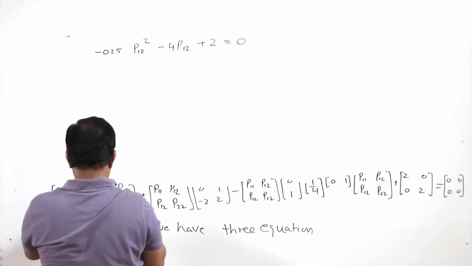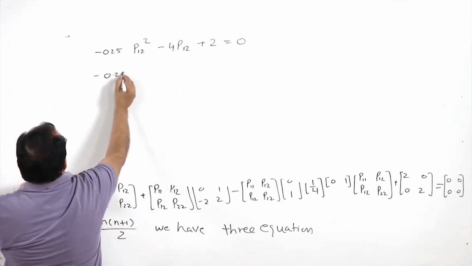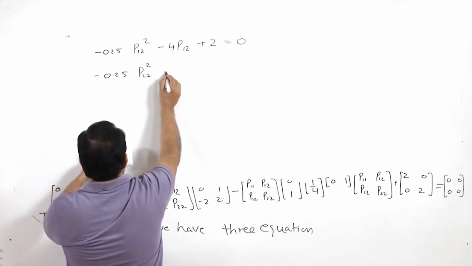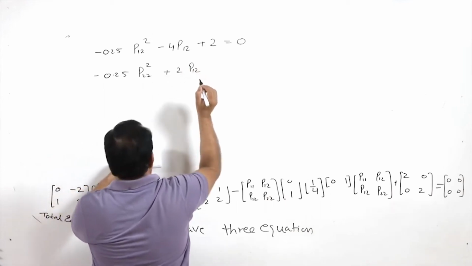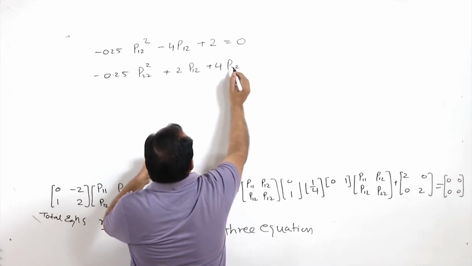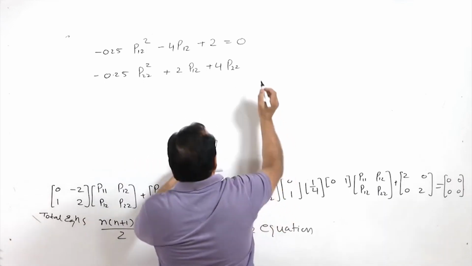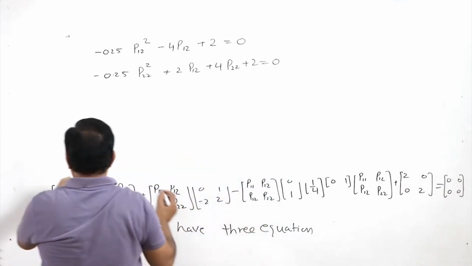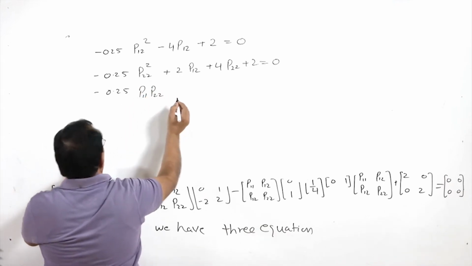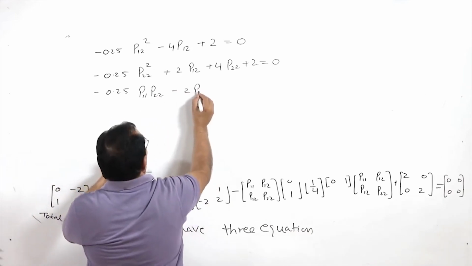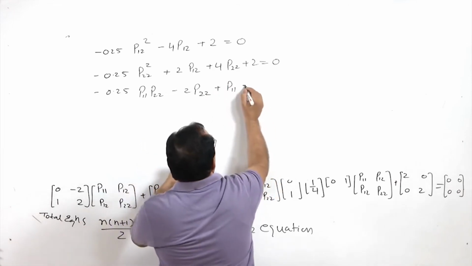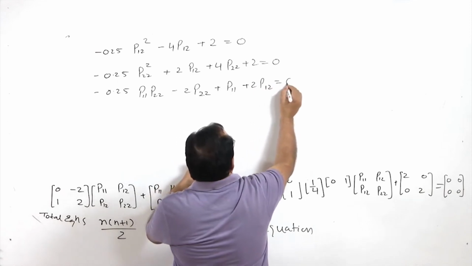So, I will get the first equation by this, second is this, 4 p22 plus 2 equal to 0, and the third equation is minus 0.25 p11 p22 minus 2 p22 plus p11 plus 2 p12 equal to 0.